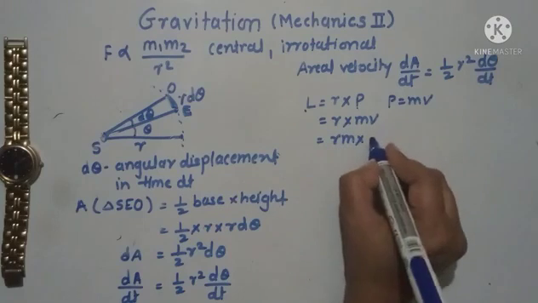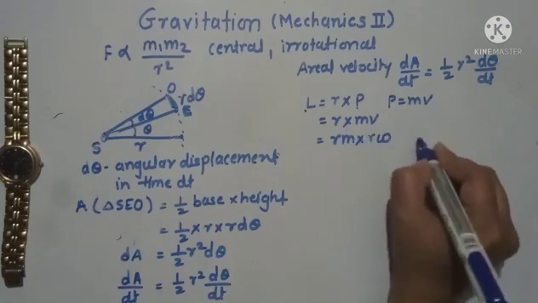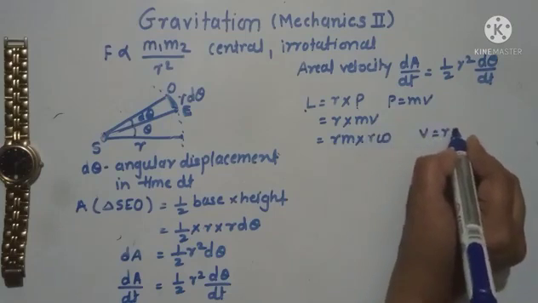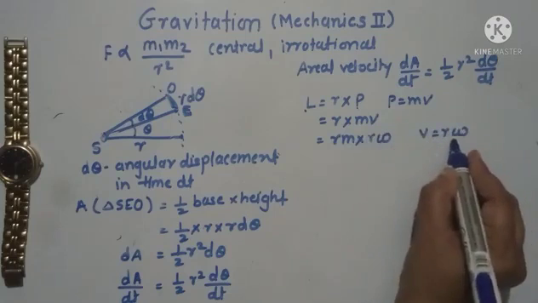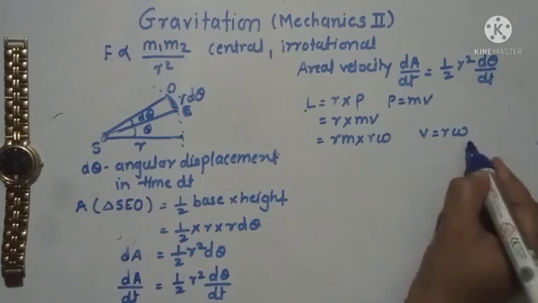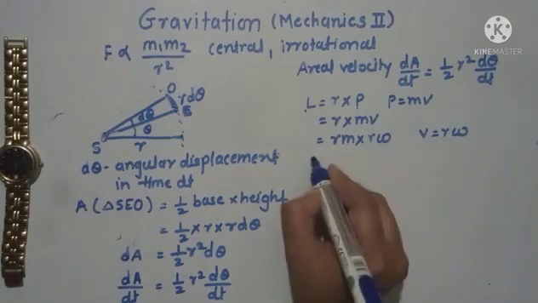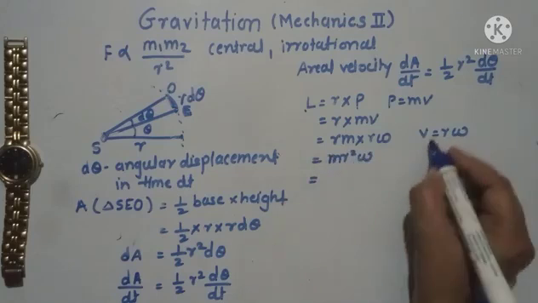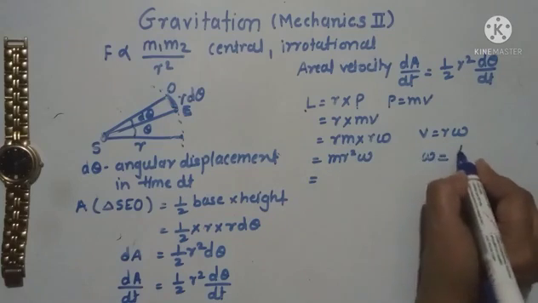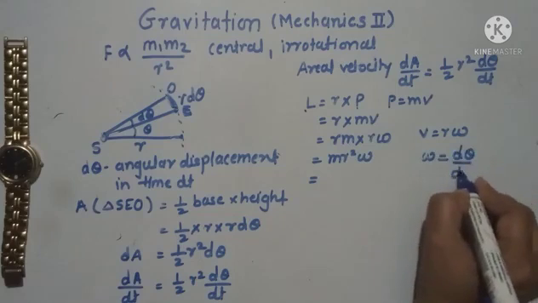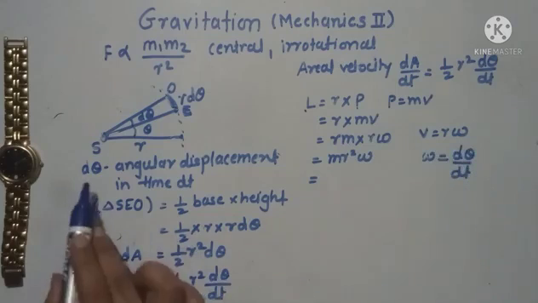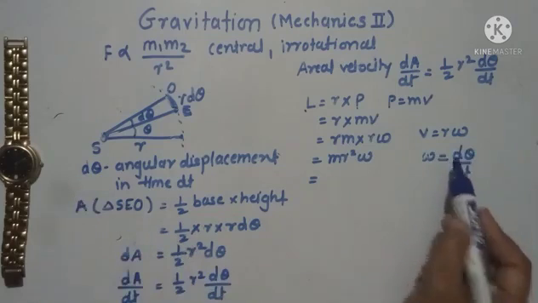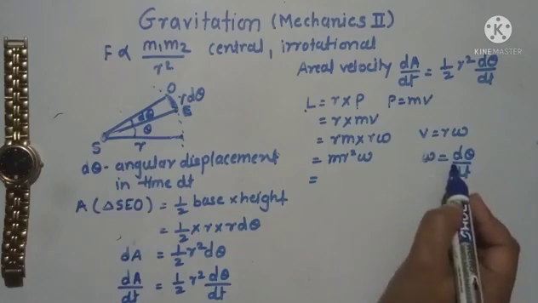So v is nothing but r omega. We know that v is equal to r omega, which is the relation between the linear velocity and the angular velocity. So we get m r square omega, and this omega is nothing but d theta upon dt. The angular displacement per unit time is the angular velocity omega.